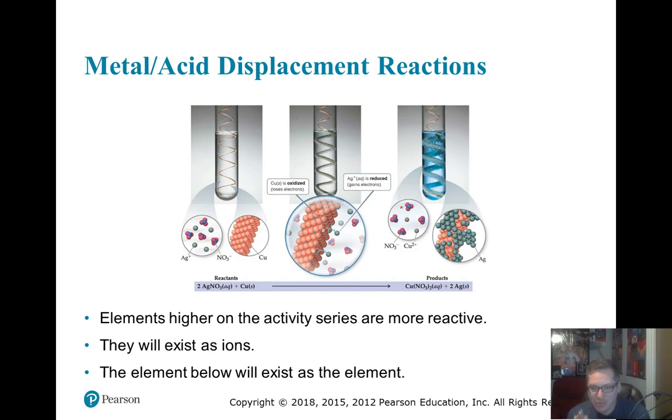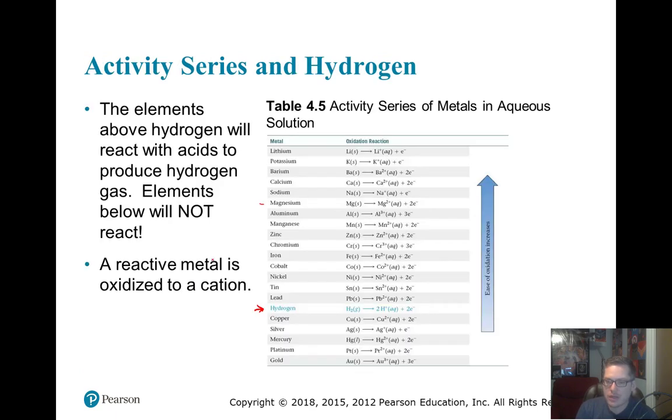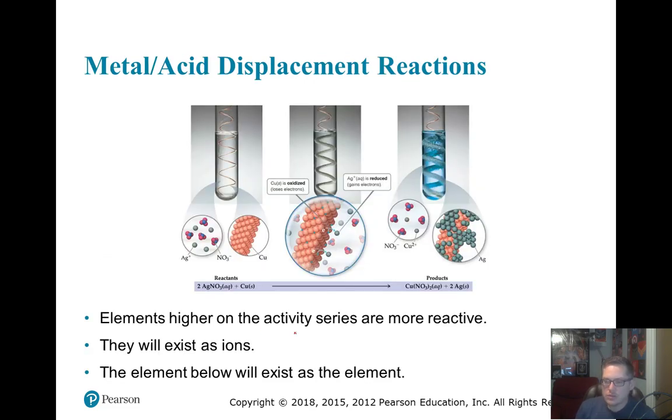All right, so for example, they have copper. So this is just a copper coil, and they stick this in a solution of silver nitrate. All right, now because copper is higher up on the list than silver, copper is right here, and silver is right here, copper will be oxidized by the silver. So therefore the copper is going to lose electrons and be oxidized by the silver and get replaced.